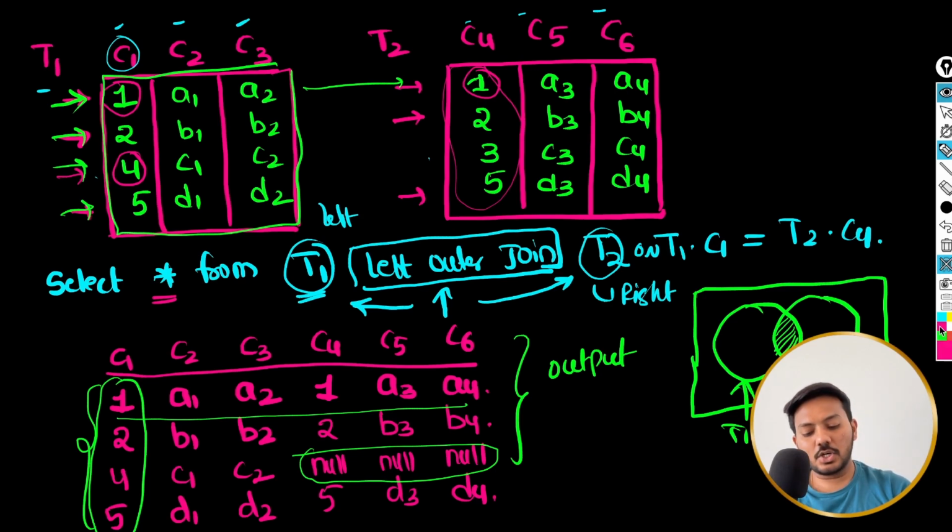But a left outer join is going to get me all the data from table 1 and also the data which is common from table 2 as well. So this is the common area. So this is the whole area that you will get as an output for left outer join.